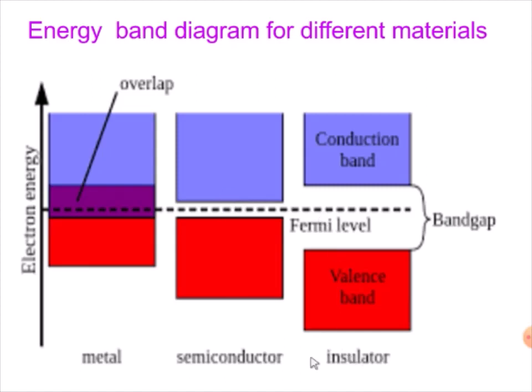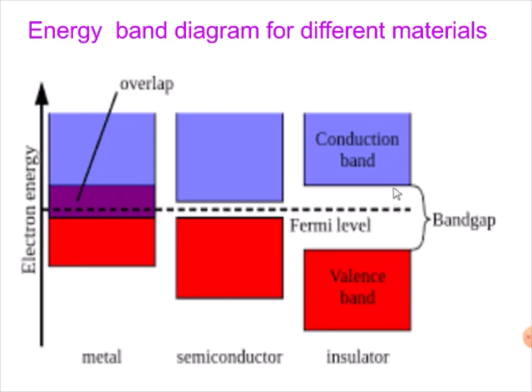But in the case of an insulator, what happens? The valence band is completely filled and the conduction band is completely empty. The energy gap between the highest point of the valence band and the lowest point of the conduction band, we call that gap the energy gap or band gap, and in the case of an insulator it is very large, around 7 electron volts, or greater than 3 electron volts.